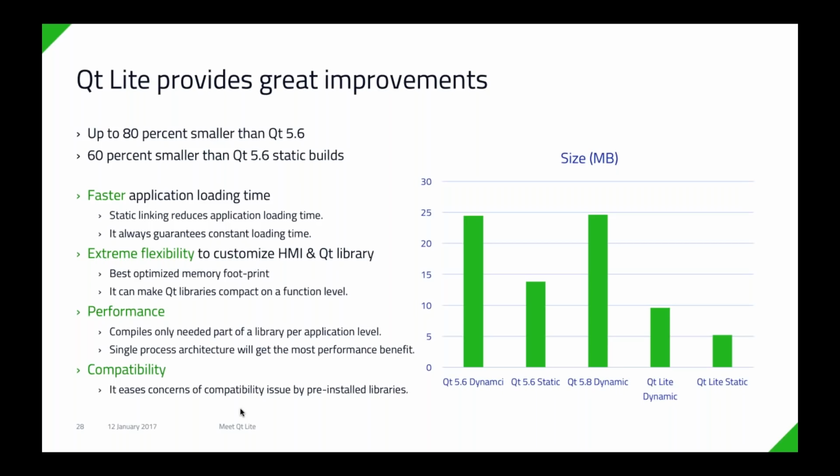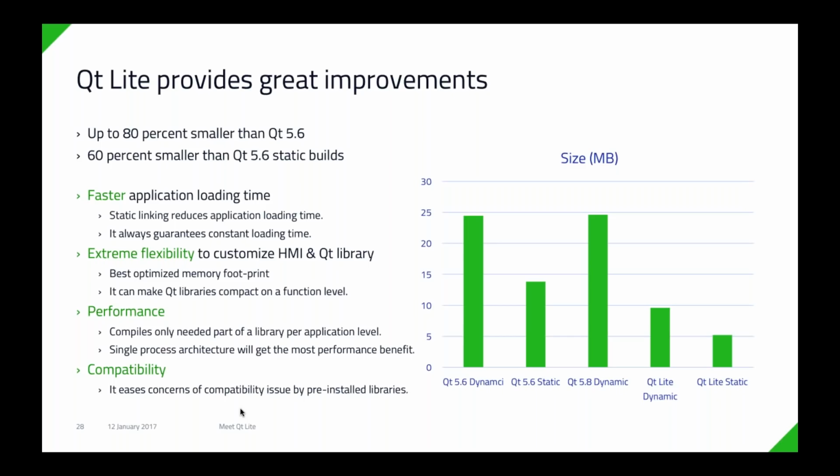Now with Qt 5.8, you see that a full dynamic build is pretty much the same size as before. Nothing has changed. But with Qt Lite and the feature system, you can turn off all the features that are not actually needed to run that application.